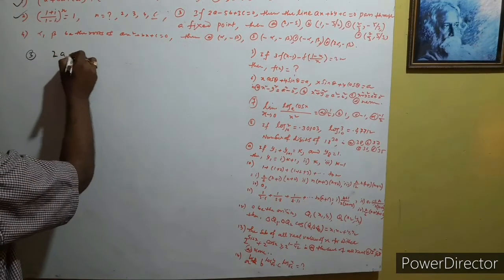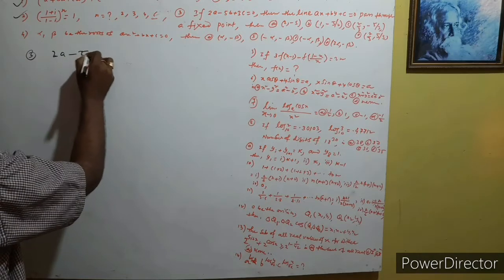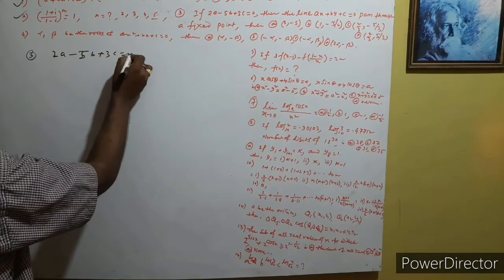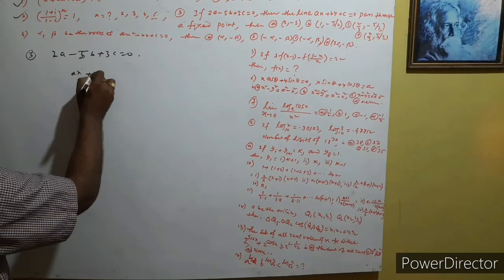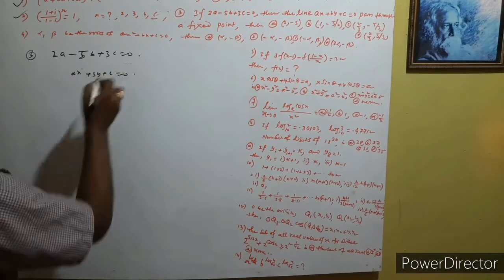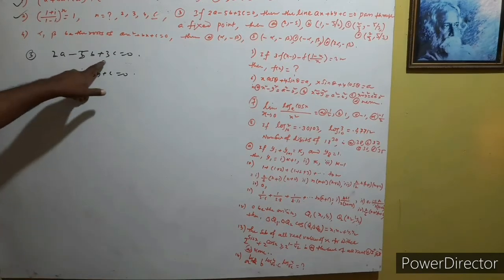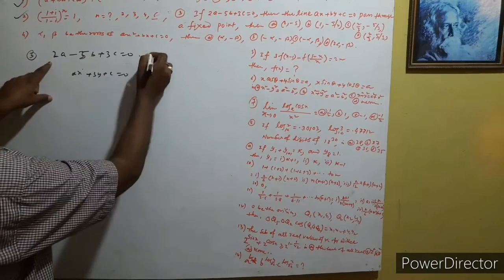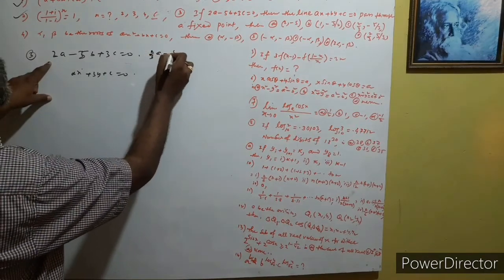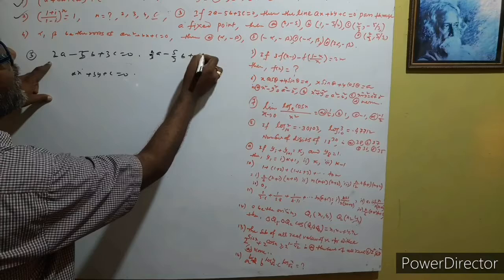Given 2a − 5b + 3c = 0, and the line here is ax + by + c = 0. But here the coefficient is 3, so dividing by 3 we get (2/3)a − (5/3)b + c = 0.